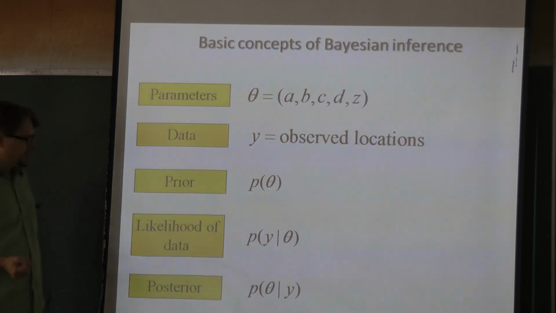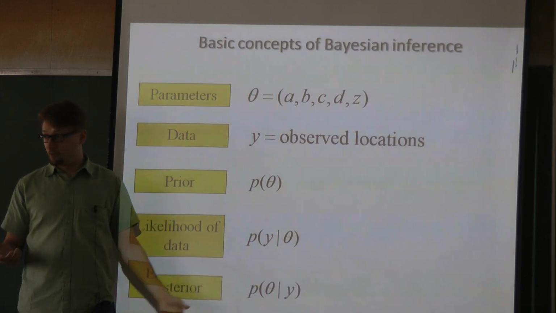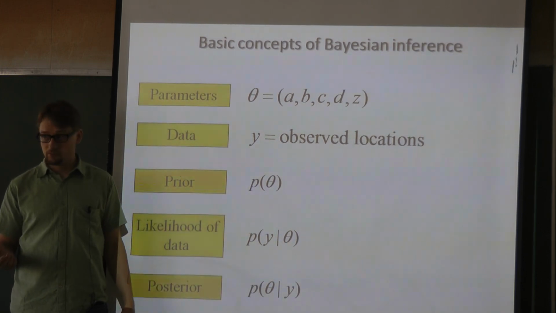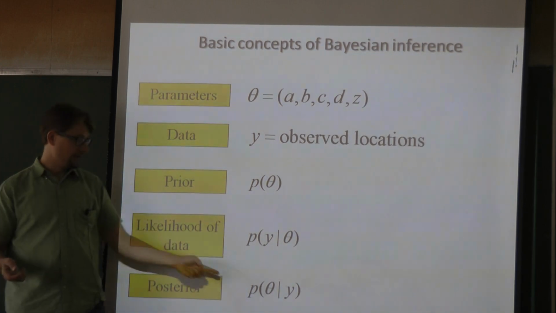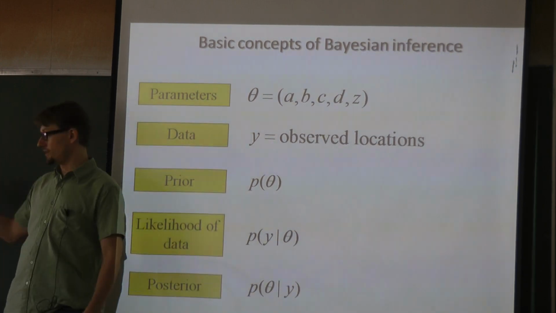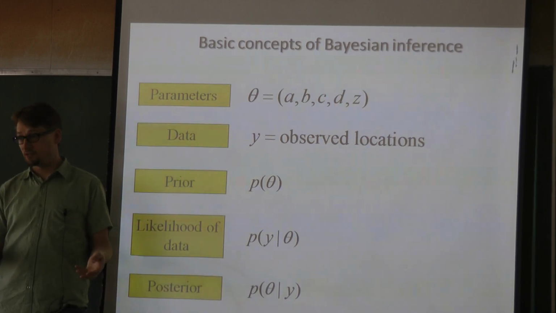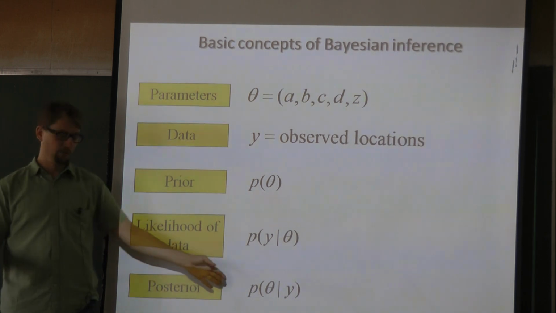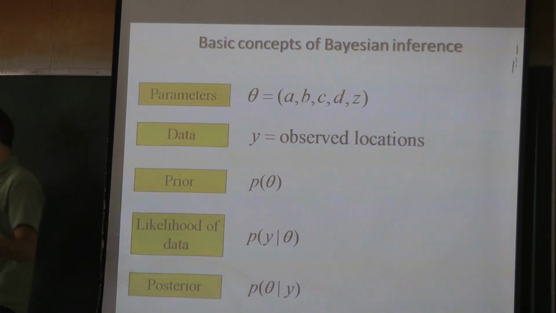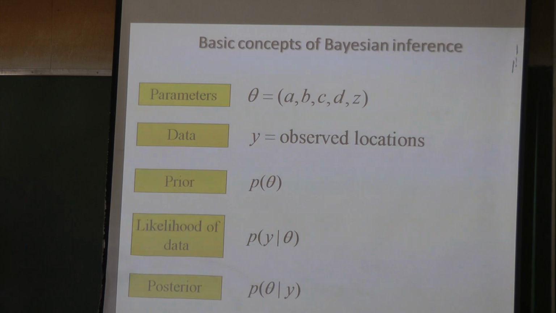What we actually want to get is something called the posterior distribution. Posterior distribution of the parameters. What I denote here, just to use the right terminology, is not the distribution itself, but the density of that distribution. You can read this as the probability of a certain parameter combination theta given the data that you saw.